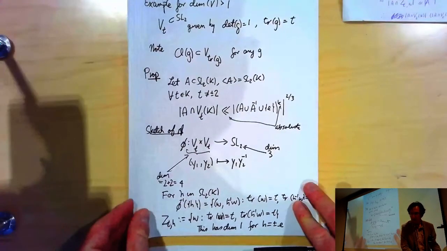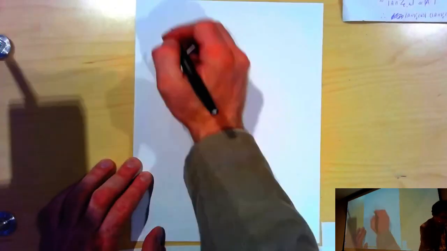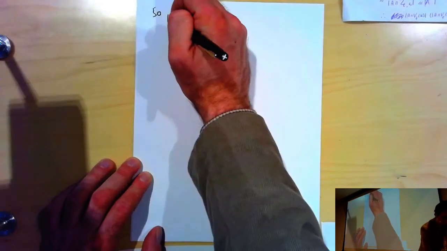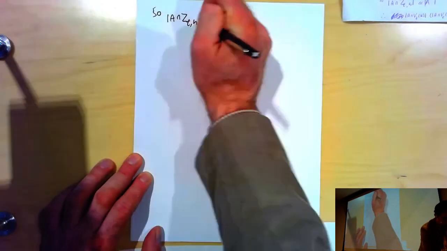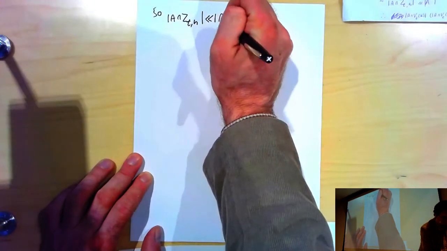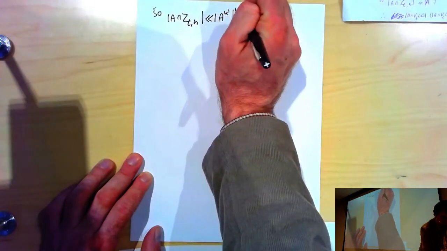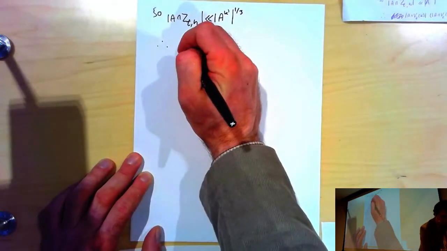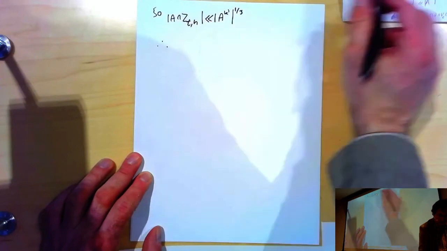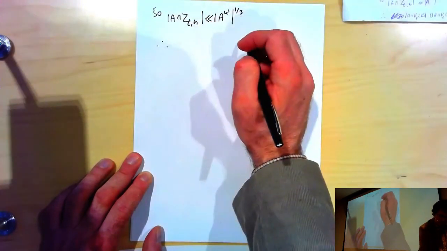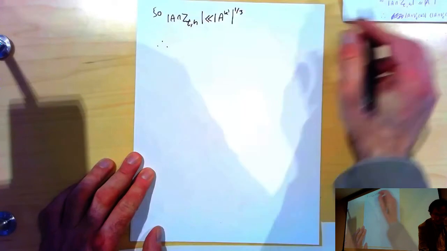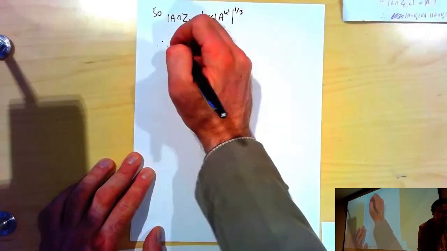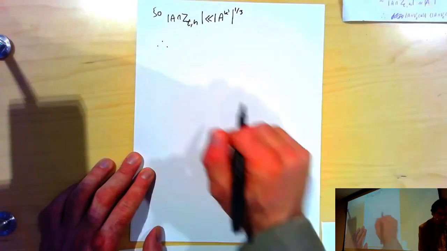So as I said before, we can apply this result with V equal to Z_{t,h}. But that's all we needed, because then what do we obtain? So we can compare. On the one hand, what are we going to have on the size of the domain?